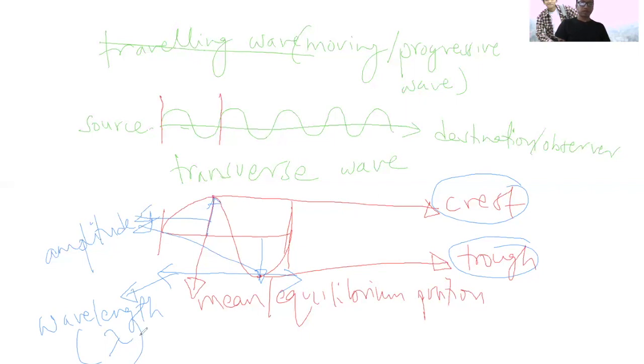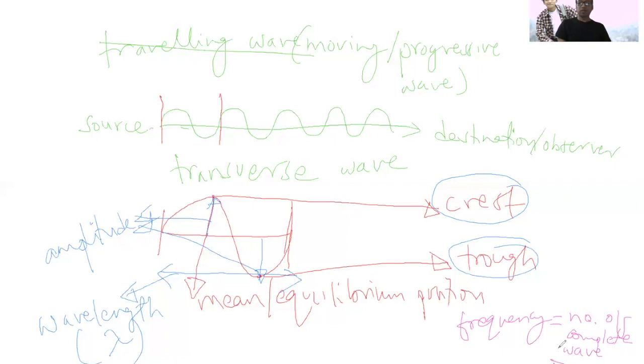And there is also another characteristic of the wave, that is the frequency of the wave. Frequency is the number of complete cycles, or complete waves, over unit time.